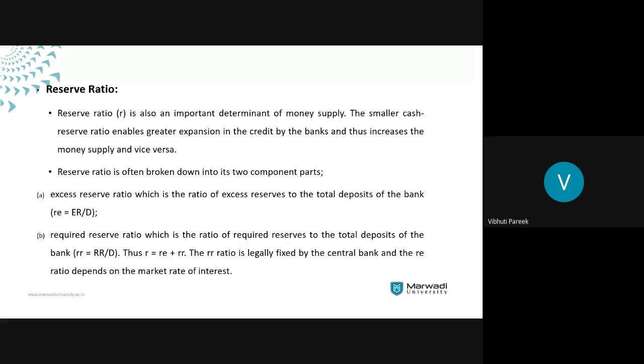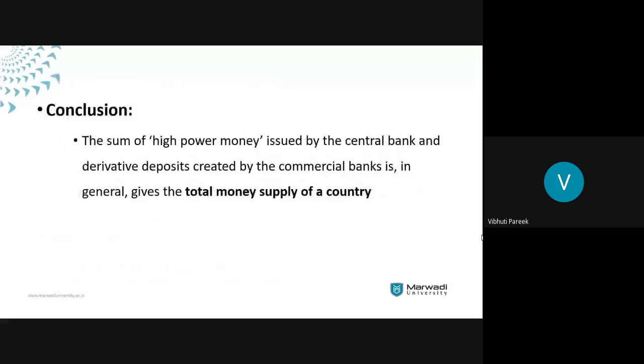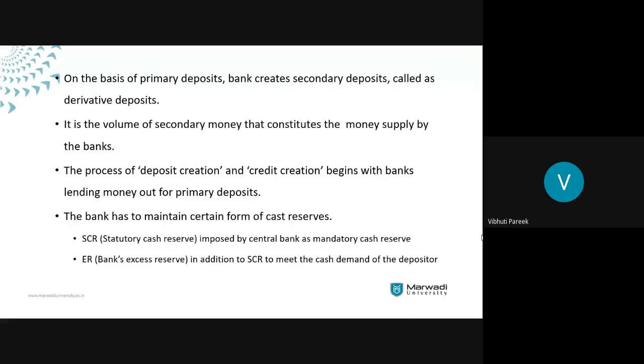Right now, I don't have any clue about which one of them is used. If CRR is 3%, then that is definitely something related to SCR. But they are saying SCR, so that is already different. Like here they have mentioned SCR, statutory cash reserve. So let me at least check.